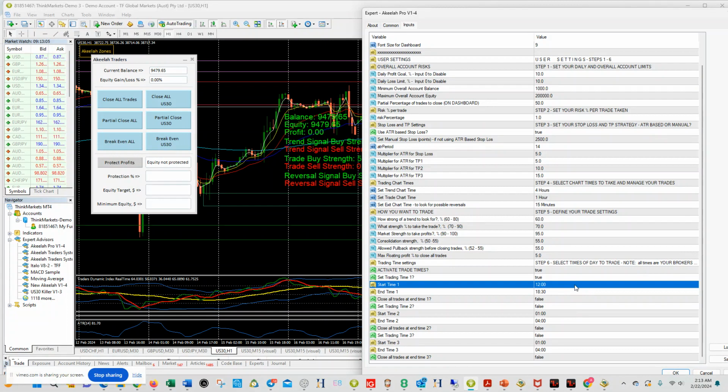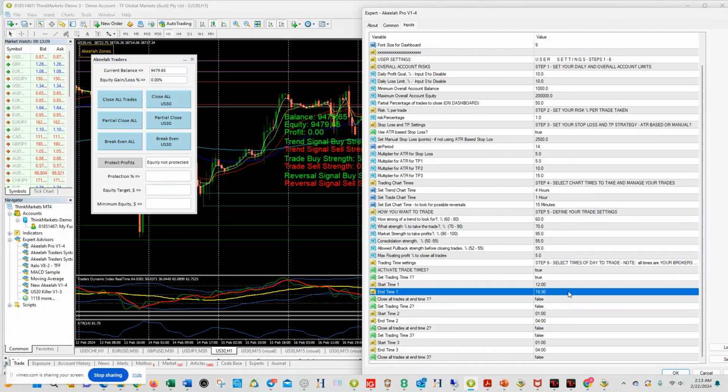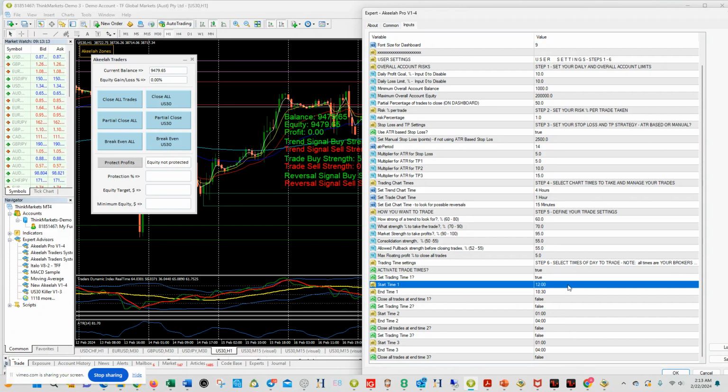And so that corresponds with my broker MetaTrader time, 1200 hours to 1830. That's the times that I want to trade. I don't want to trade in these wee hours, 2 o'clock in the morning or 5 o'clock in the afternoon or something like that. I want to trade during the prime times that the market is either buying or selling.